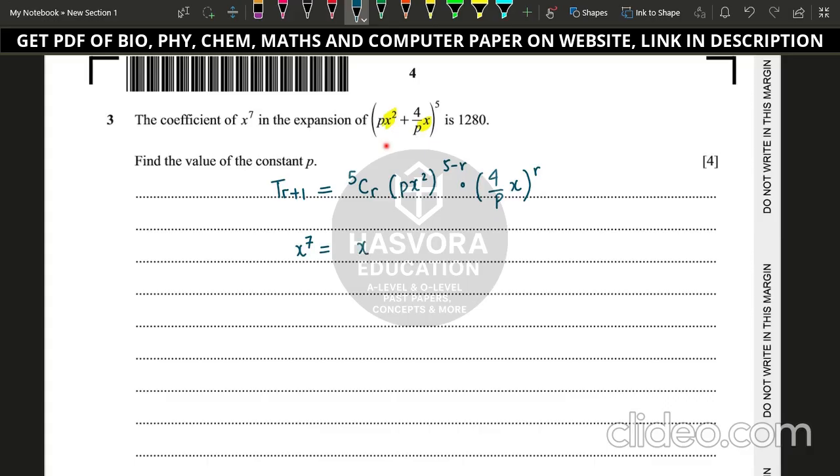So this is going to become x to the power of 2(5 minus r), into x to the power r. So this is going to become x to the power of 7. Let's simplify this. This becomes x to the power of 10 minus 2r, because the powers multiply, and into x to the power of r. This becomes x to the power of 7, and the things that are multiplied, their powers are going to be added.